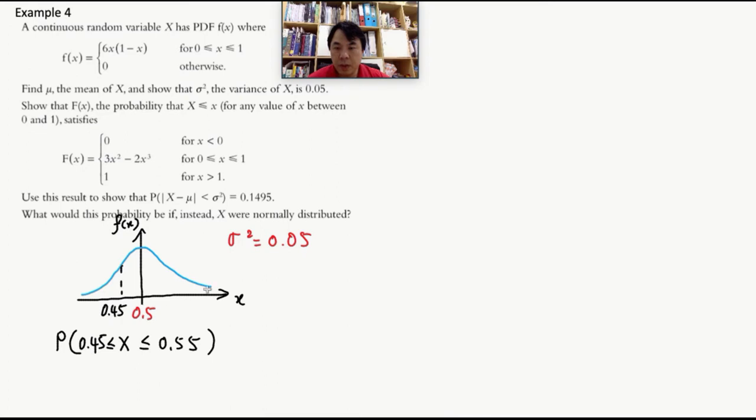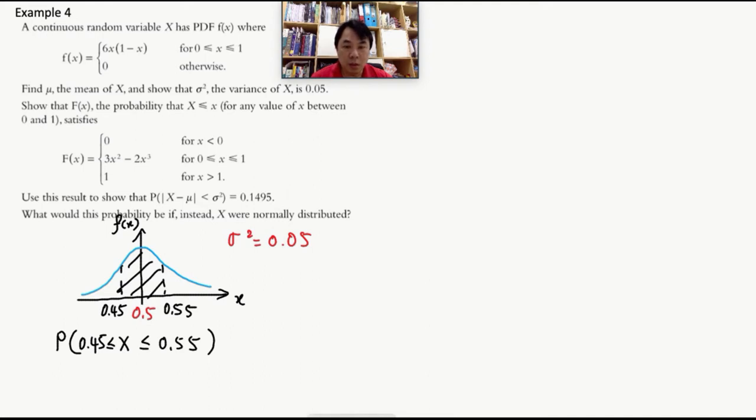Now this is 0.45 up to 0.55 here. This is the area that we are interested to obtain. If it is a normal distribution, will the answer be very close to this? If it is very close, therefore we can say that this probability density function could be approximated using a normal distribution.